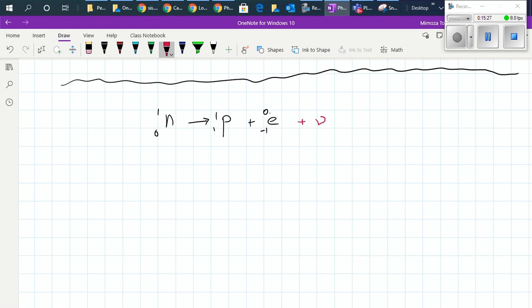The symbol for it is this Greek letter nu, and the proper equation of a neutron creating a proton and an electron is this one here.